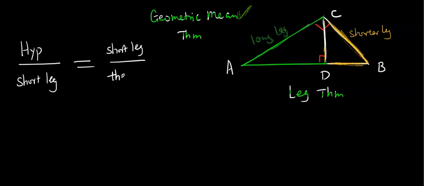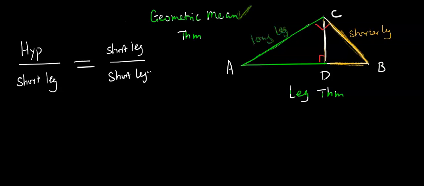And we can write a little bit longer sentence. We say the segment that is adjacent to short leg. We can also write briefly. We simply say short leg's projection.